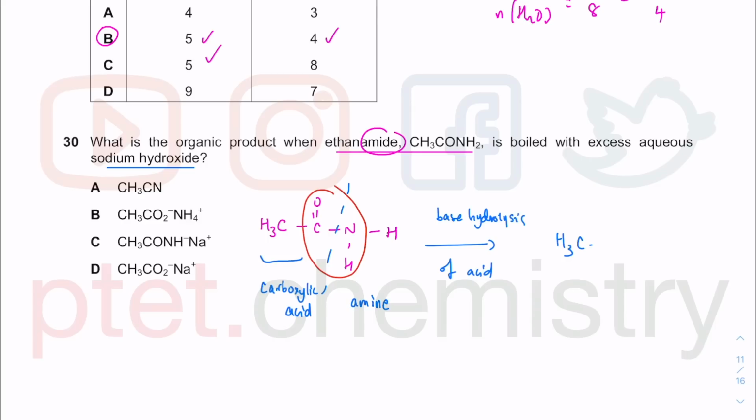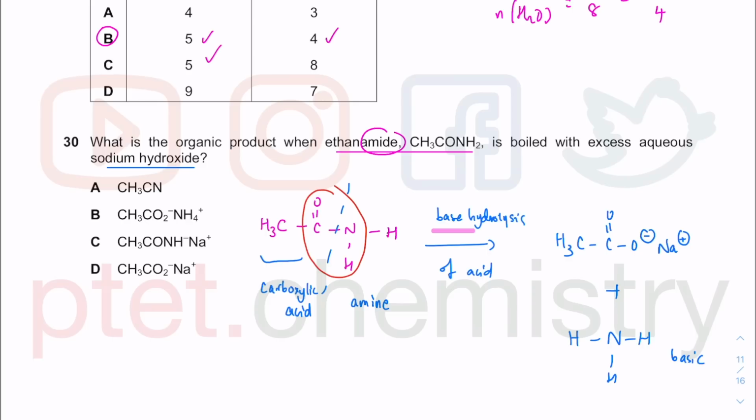As I mentioned, you are expecting a carboxylic acid, but you're in the presence of a base. Just like in base hydrolysis of ester, you're not going to get the carboxylic acid. Instead, that's going to be deprotonated and neutralized to give you the sodium salt because you're using sodium hydroxide.